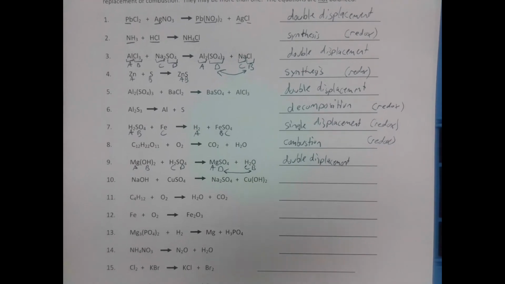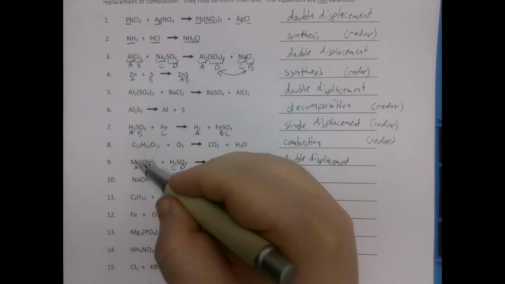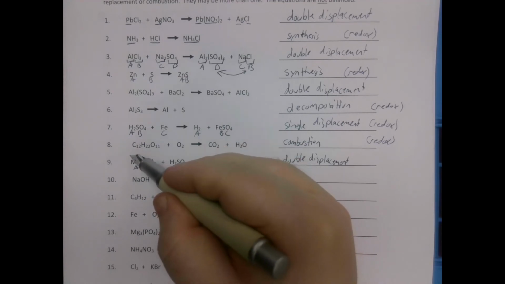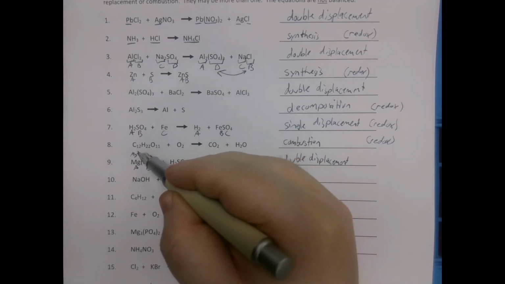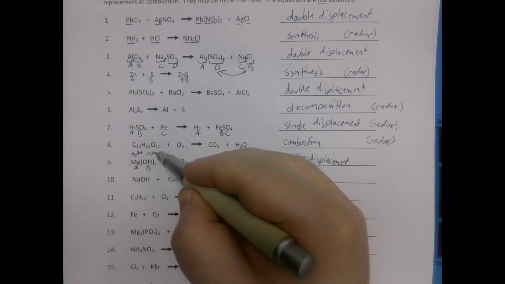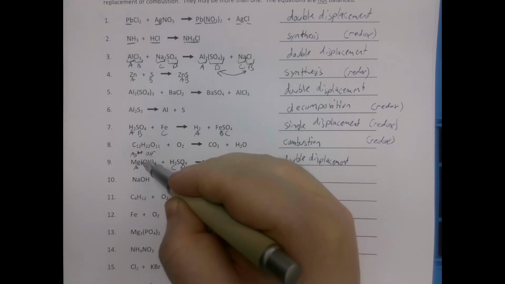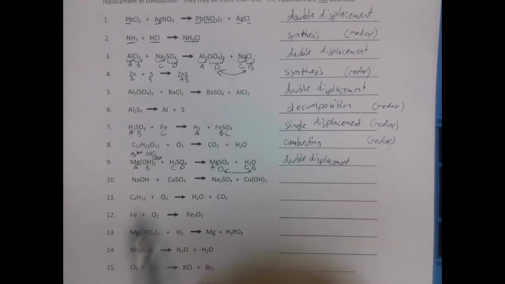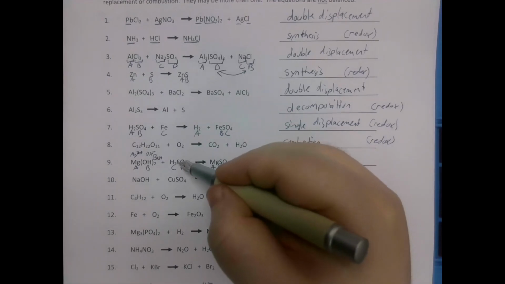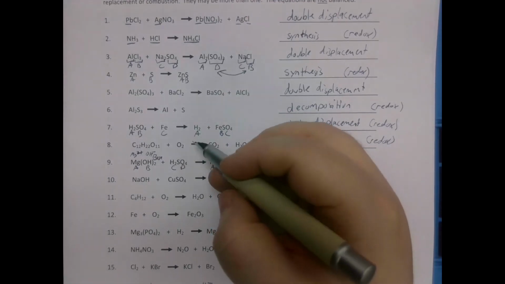So what are our ions here for magnesium hydroxide? We have a magnesium 2 plus and an OH. So what is this? Anything that produces OH ions is a base. What are the two ions for this?